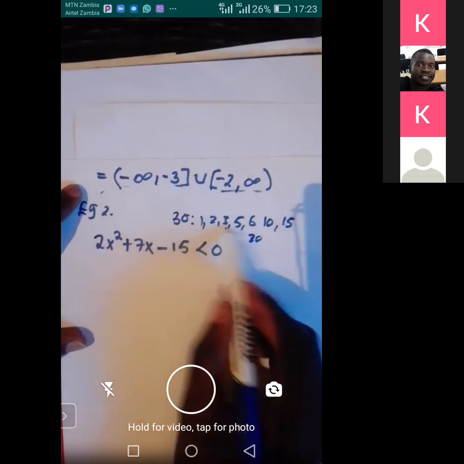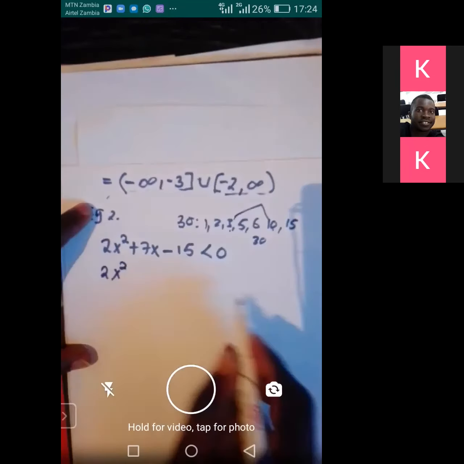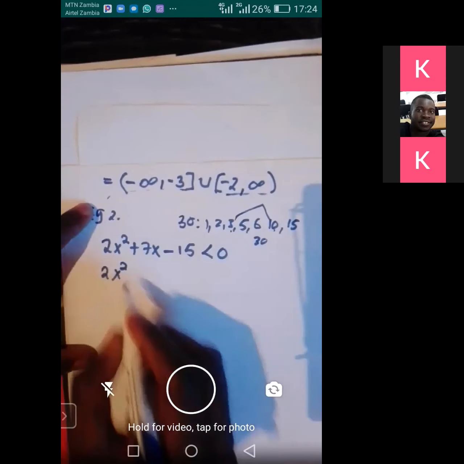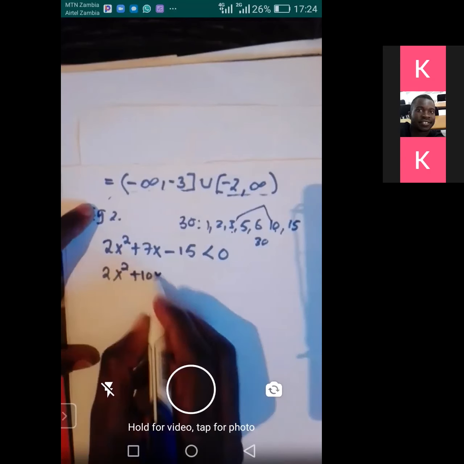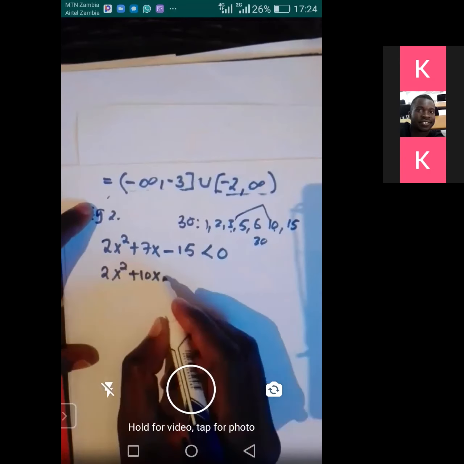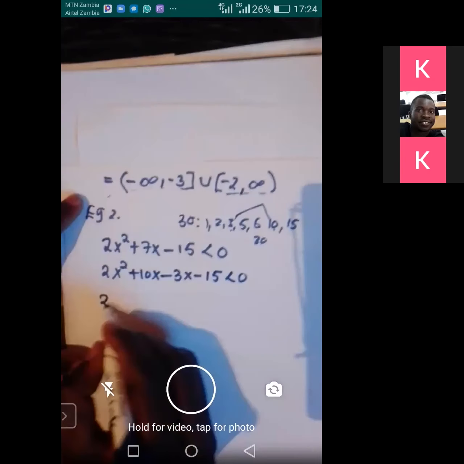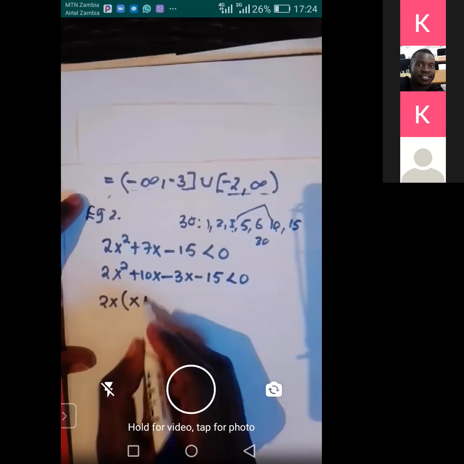So this one is going to be 2x squared, then we have plus 10x, then minus 3x minus 15 being less than 0. Then you have 2x there, then you're going to remain with x plus 5.